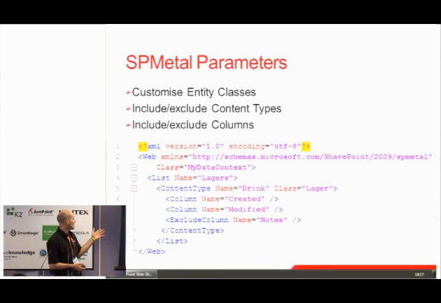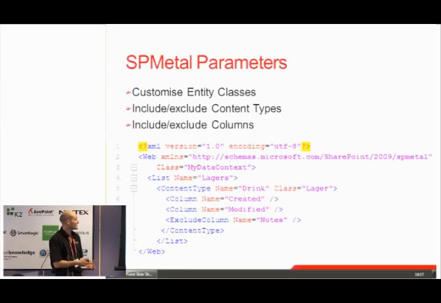That's a quick example of a very short SPMetal parameters file where you can see that I've decided I want a list called lagers and I want the content type called drink. But what I'm doing here is saying I want it to be rendered as a class called lager. So I'll be telling my Silverlight or WPF developers to bind to some classes called lager.